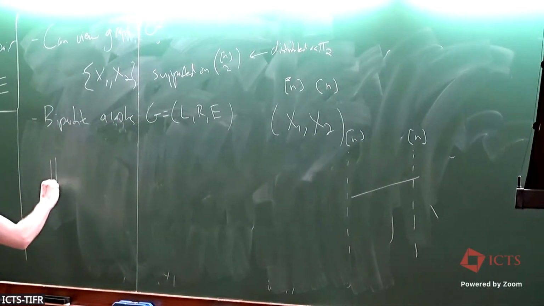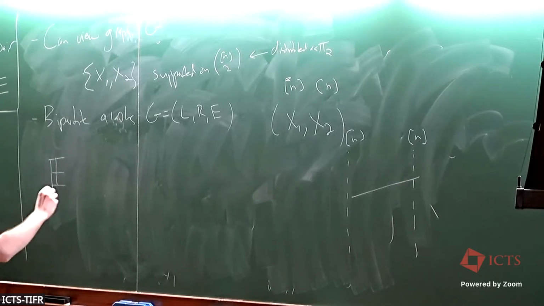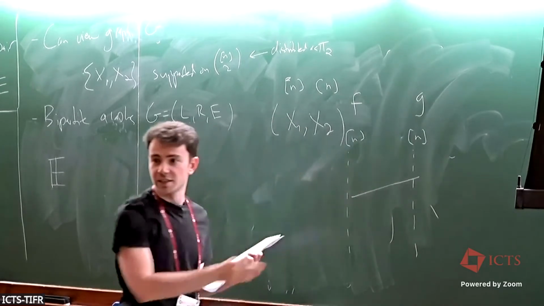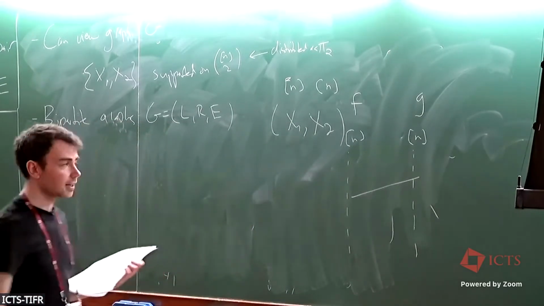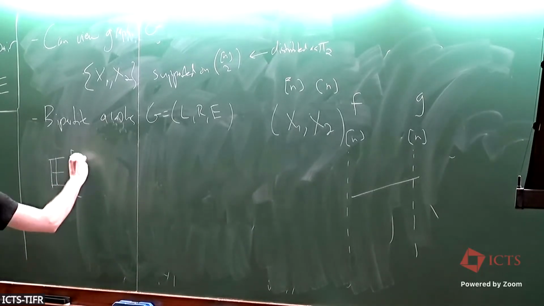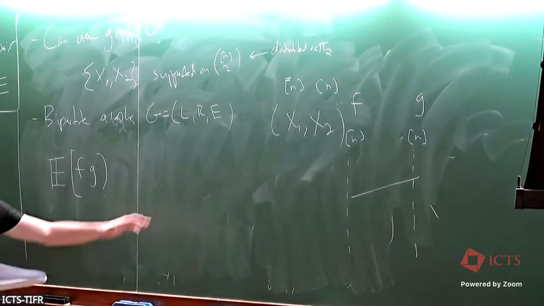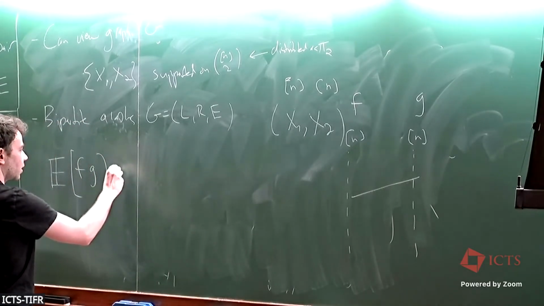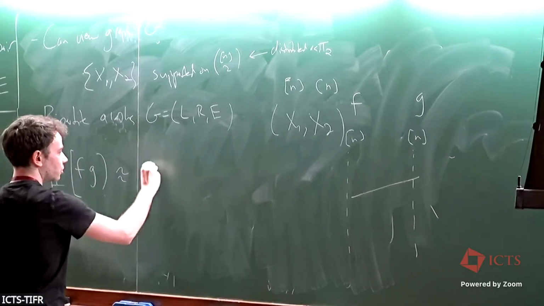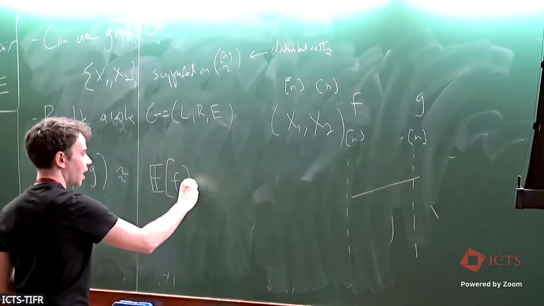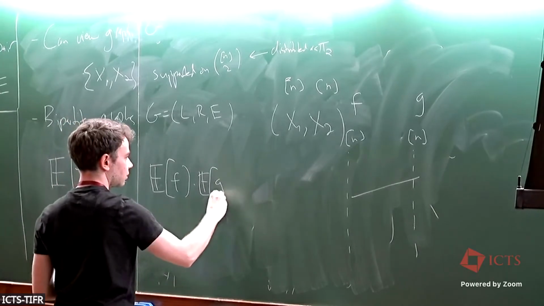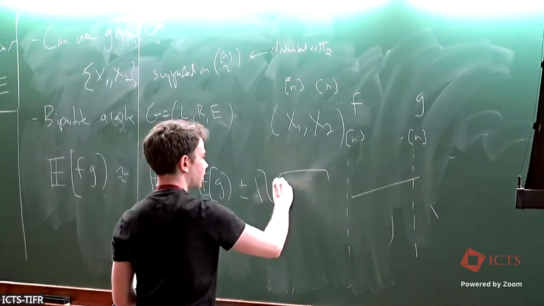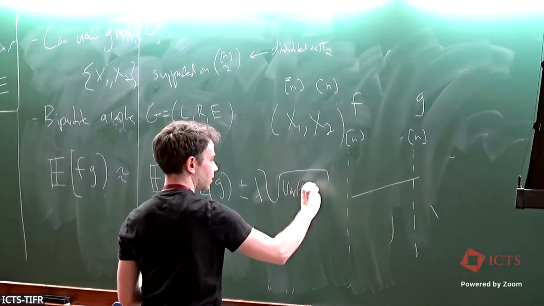The expander mixing lemma that Dinur proved essentially says that if I have a function f sitting on the left-hand side and a function g sitting on the vertices on the right-hand side, then the expectation of f times g, taken over this joint distribution, taken over an edge, is roughly equivalent to just the expectation of f times the expectation of g, up to plus or minus lambda times the variance of f times the variance of g.